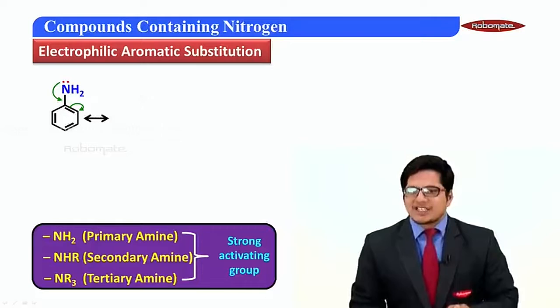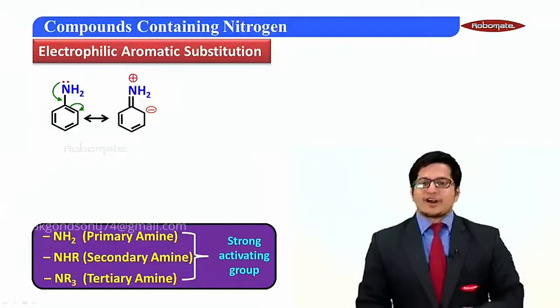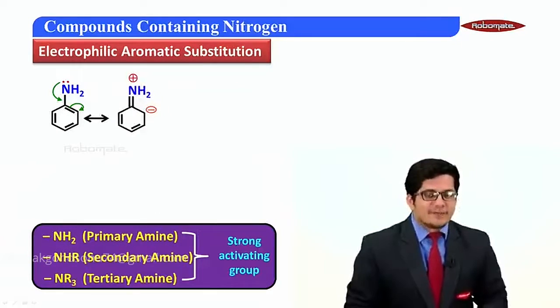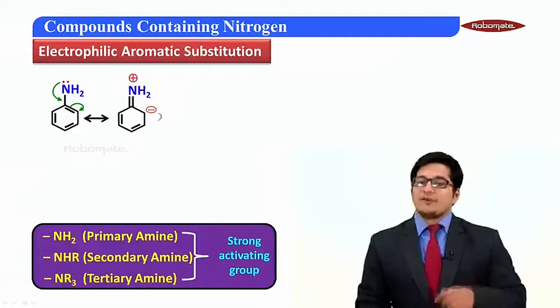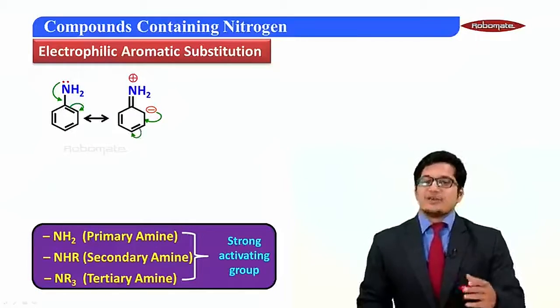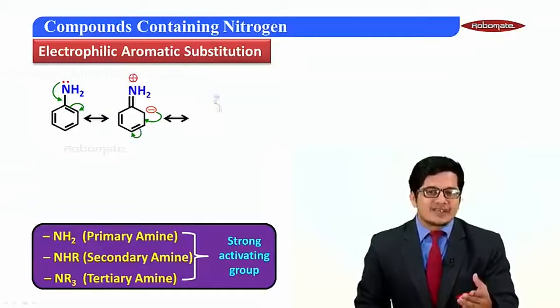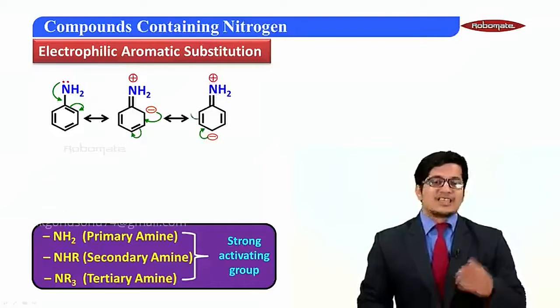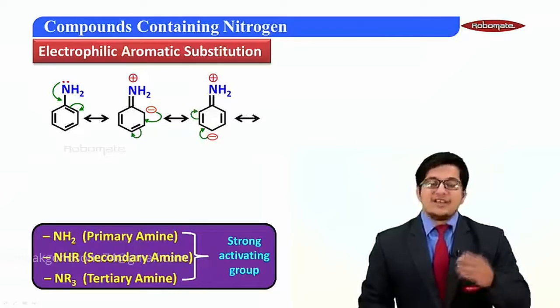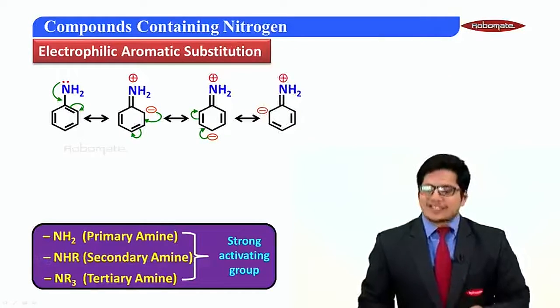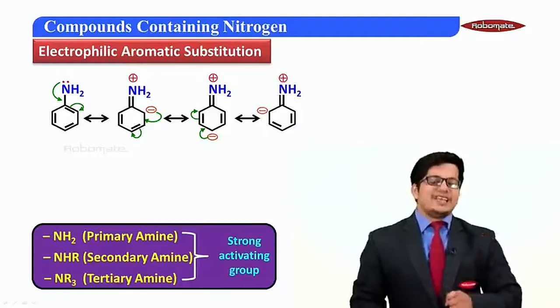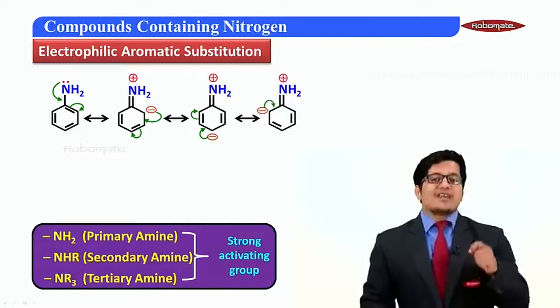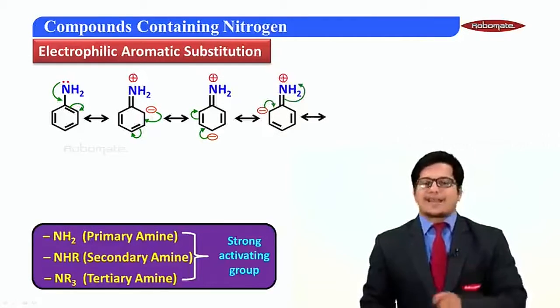We would get a structure something like this, belonging to the first canonical form. This canonical form would further get converted into a second canonical structure, and then a third canonical structure, and finally we would get our original structure back.